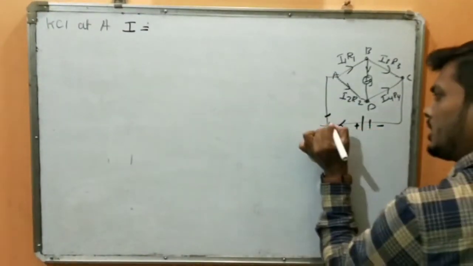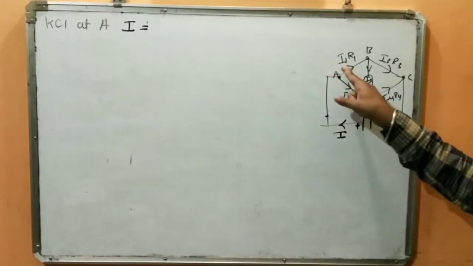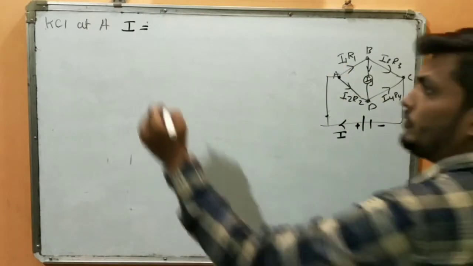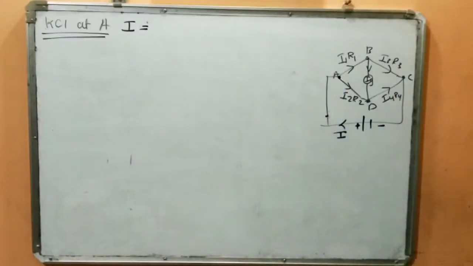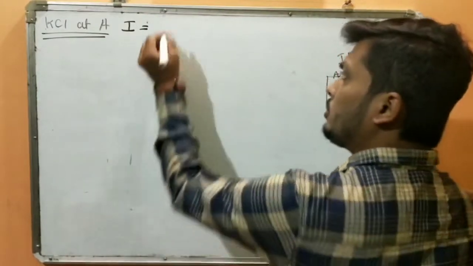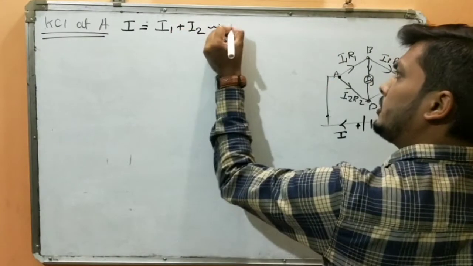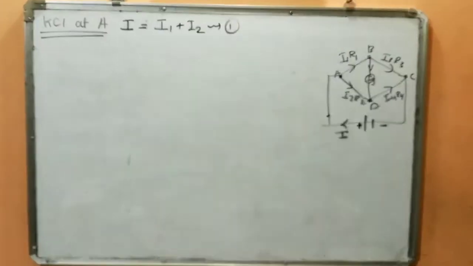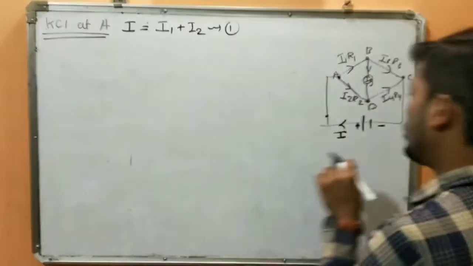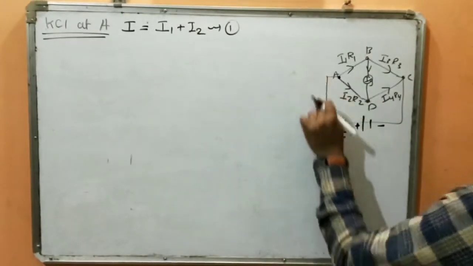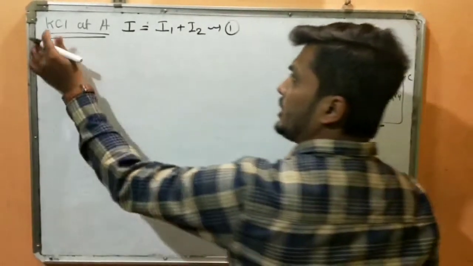So see here, from here current I is entering, and at this point it gets split up into I1 and I2. So if I apply Kirchhoff's current law at node A, current entering the node is equal to current leaving the node. Let this be equation number 1. So what has entered at node A? I, and what has left? I1 and I2.